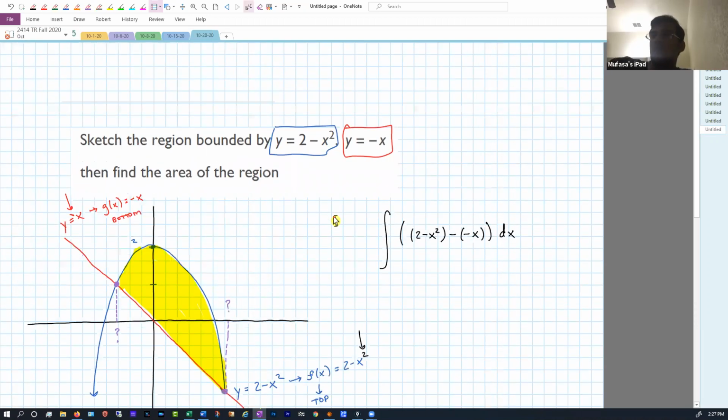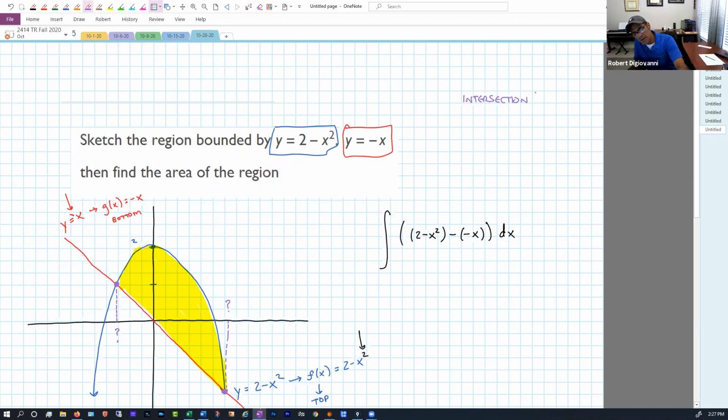So I'm going to do that up here. Like solving them simultaneously. You could say that. The intersection of those two would be setting the two functions equal to one another. So I'm setting the f function equal to the g function and solving that equation, which happens to be a quadratic equation in this case.